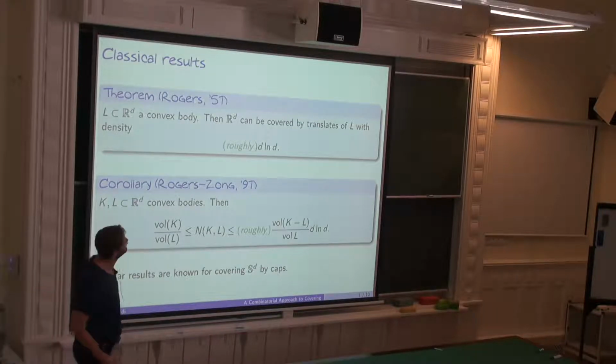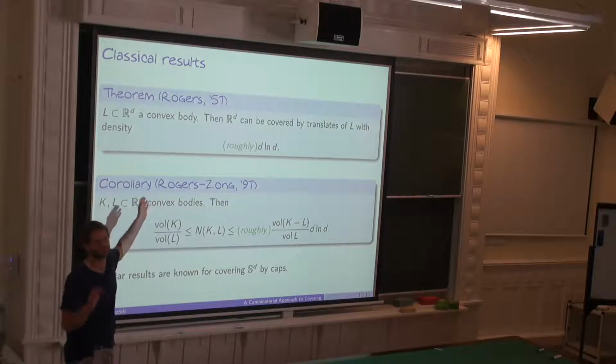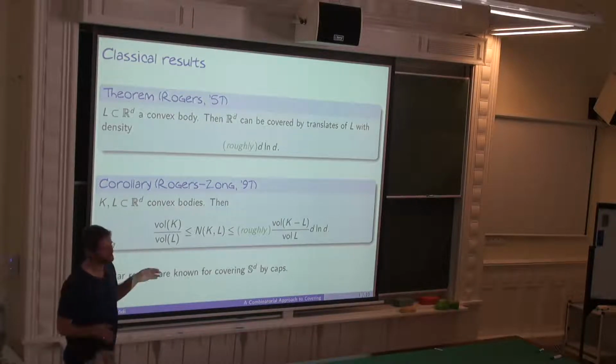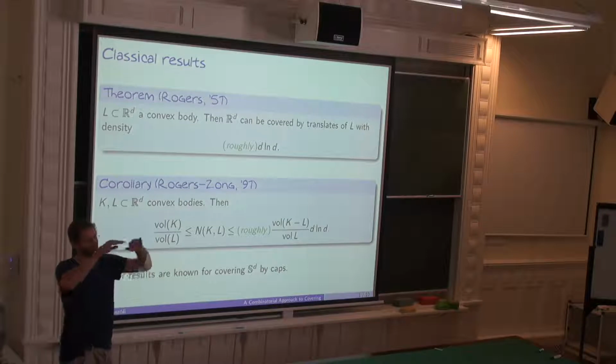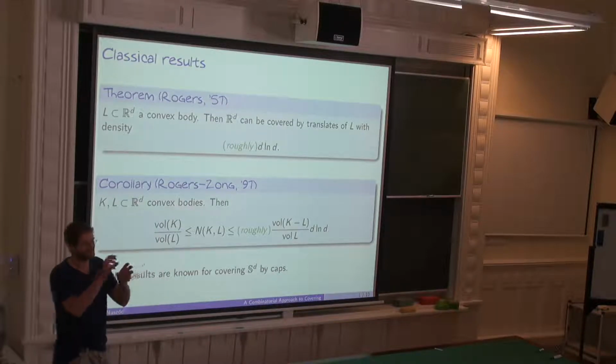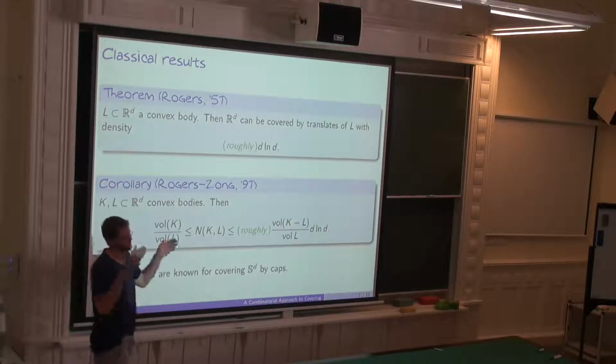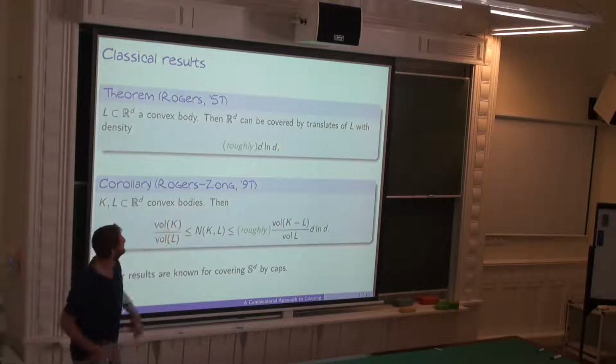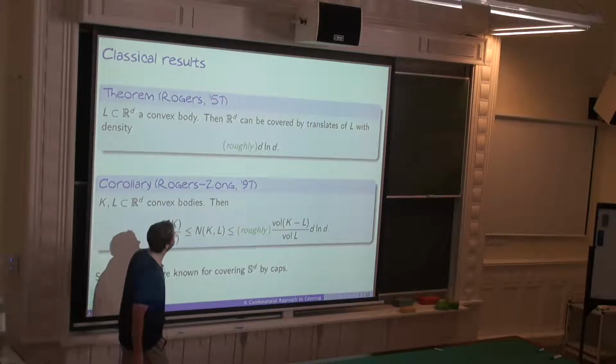I hope it's okay if I don't define density. For those who don't know, it is what you think density should be: take a box, count the total volume in the box divided by the volume of the box, and then let the size of the box go to infinity.